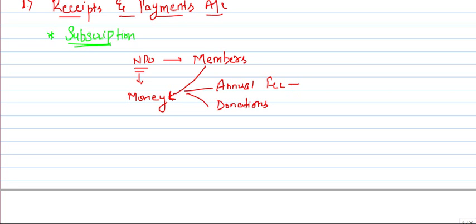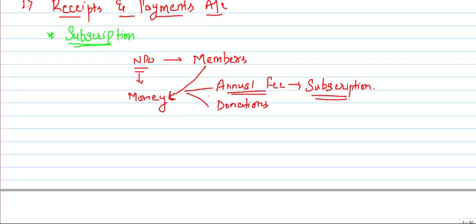Now this annual fee, what is paid by the members to the NPO, this non-profit organization, this is known as subscription, right?